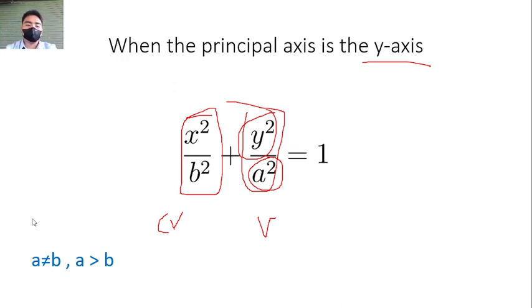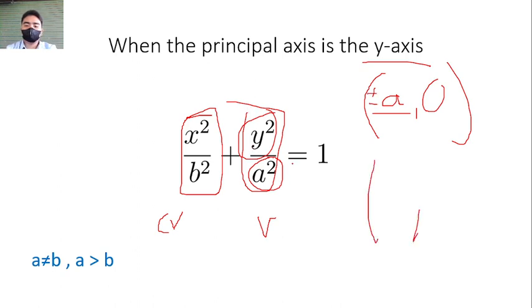A while ago, we placed the value of A on your x-intercept coming from your center. And for B, we're going to add and subtract B on your y-intercept.